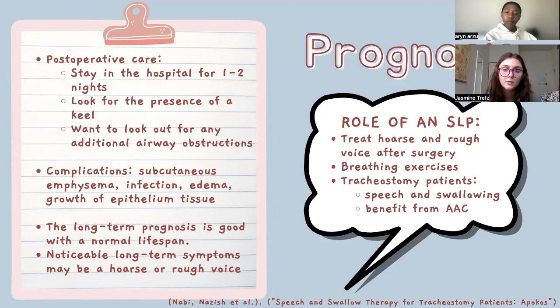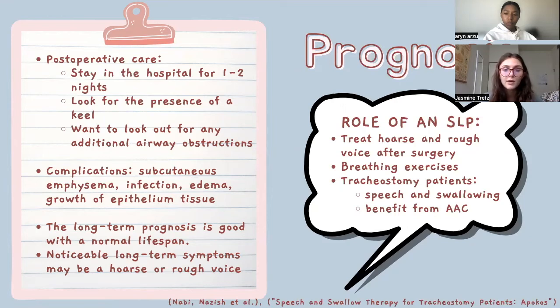But some noticeable long-term symptoms may be a hoarse and a rough voice, depending on the severity of the webbing and postoperative care. So this is where an SLP can come in and help treat hoarseness and roughness of the voice by providing these patients with some breathing exercises to optimize intelligibility and a less strained vocal quality.